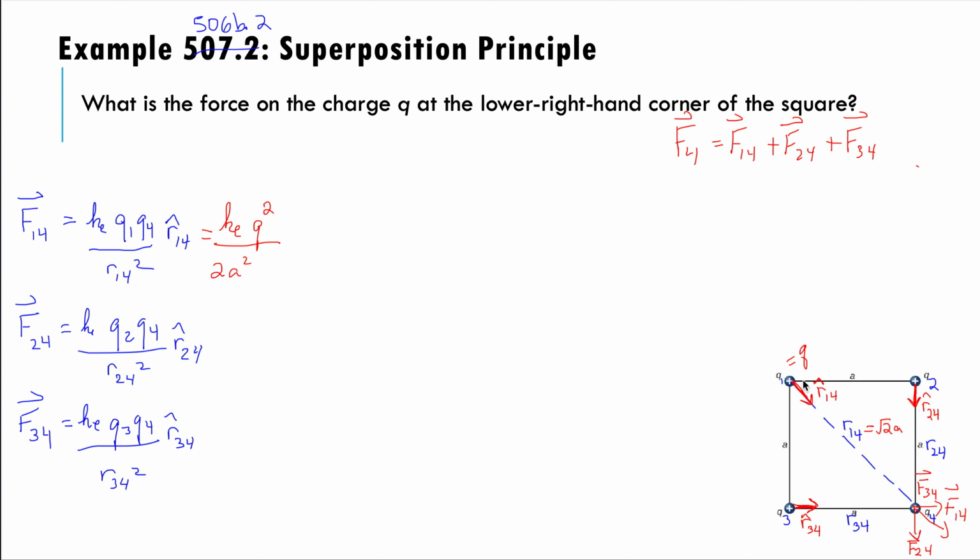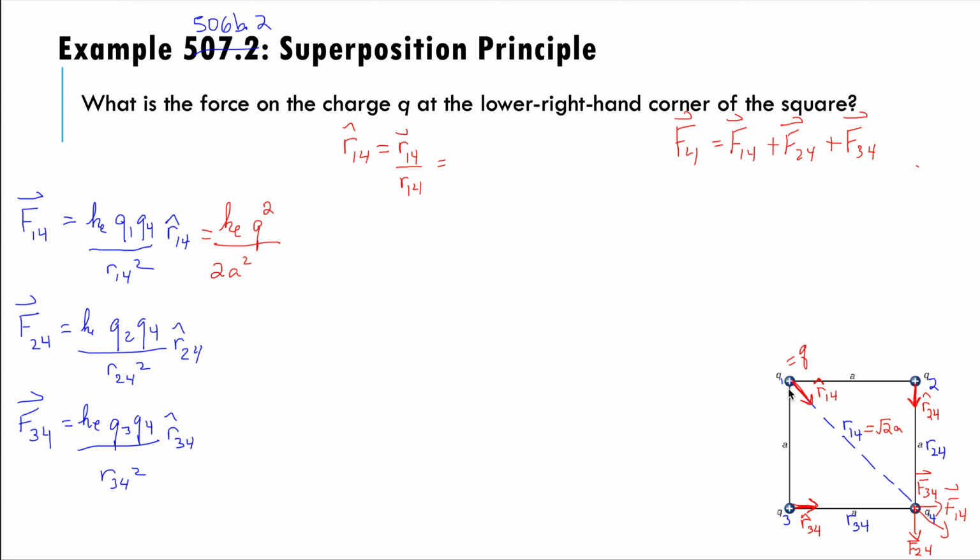So how do we find that? Well, let's find it on the side over here. R14 hat, by definition, is the vector itself, R14, divided by the magnitude of R14. How do we write down R14? Well, R14 is a vector that has a length R14 and a direction R hat sub 14. So we can imagine a vector going from Q1 down to Q4.